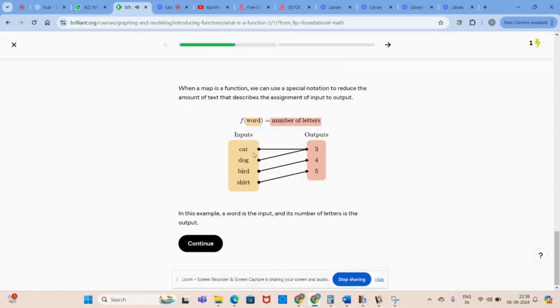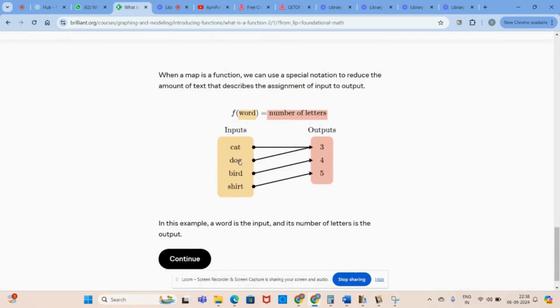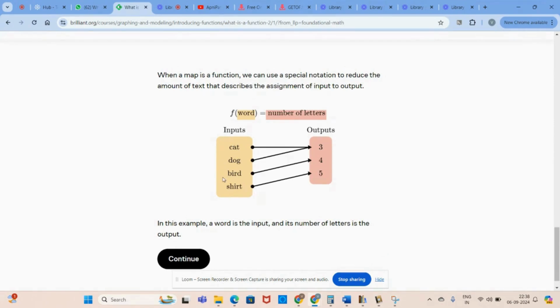Now, here you see, again, we have two groups, the input group and the output group. The input group has words of different lengths, and the output counts how many letters each of these words has. So the first word, cat, has three letters in it, and that's why the output is three. Dog has three, so both these inputs give you the same output. Bird has four, shirt has five.